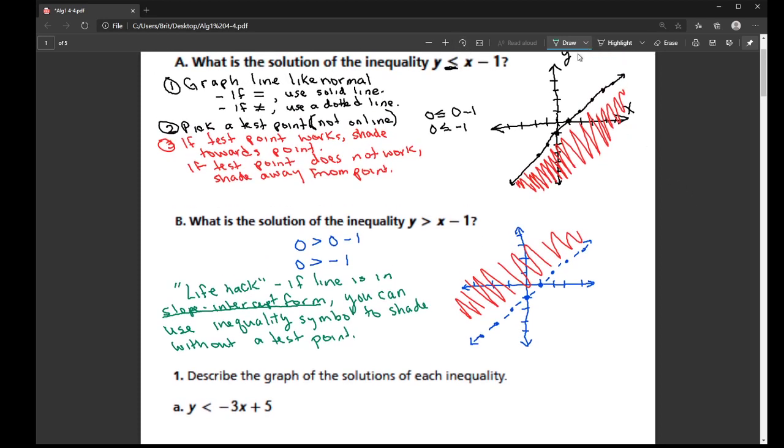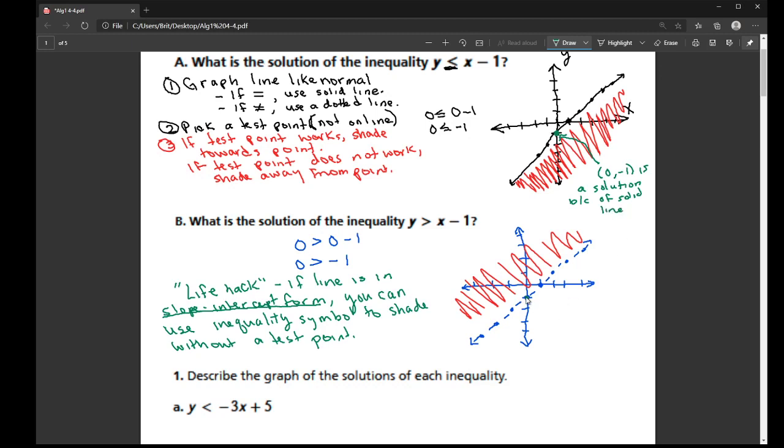So what I'm going to do here is I'm also going to put a couple things on here. I'm going to show you this point, that's at (0, -1), is a solution because of the solid line.